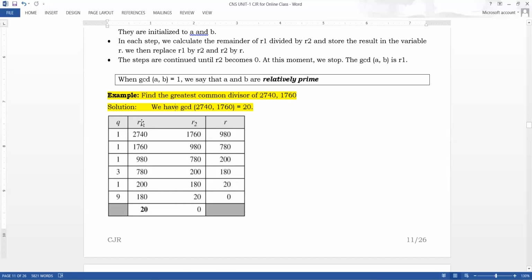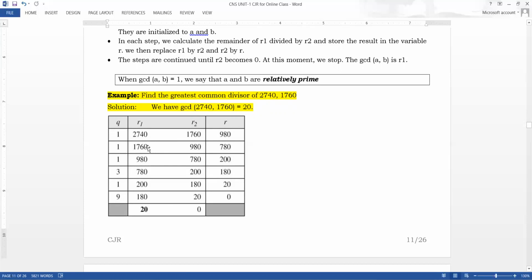Now R1 is assigned the first number 2740 and R2 is assigned 1760, the second number. Now take R1 by R2 and note down the remainder here and the quotient here. In the same way, now shift the values. R2 value 1760 is given to R1 and R value 980 is given to R2.